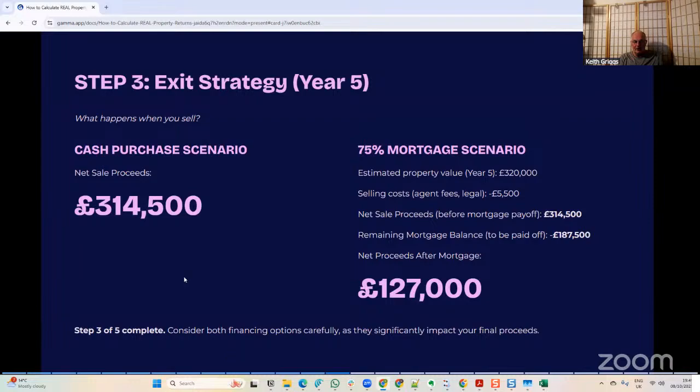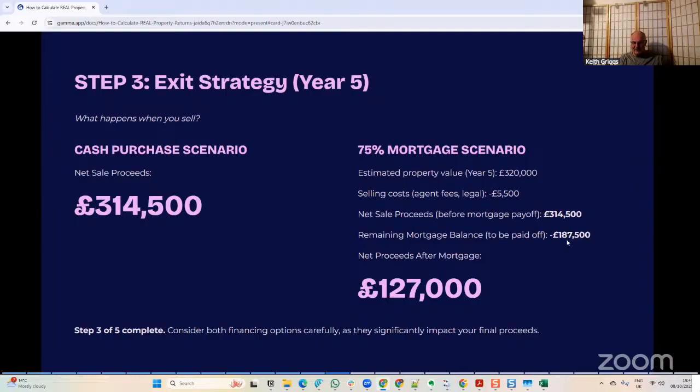So I've assumed here that we sell after year 5. So the proceeds are the same. Let's assume we sell for 320,000. The selling costs are 5,500. So the net sales proceeds are 314,500, which is the same in both scenarios.